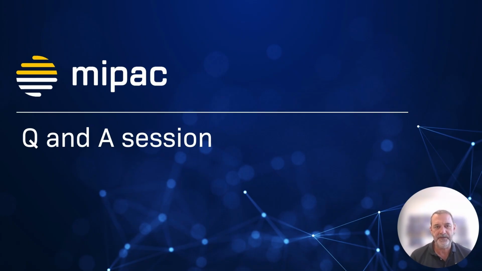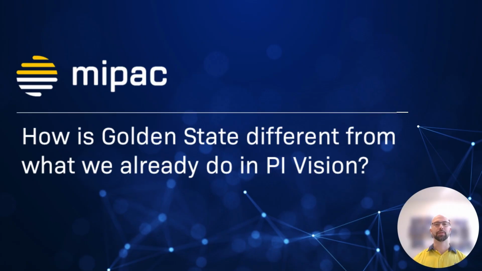Another question that's related to some of the work we do with Pi. That is, how is Golden State different from what we already do in Pi Vision? Yes, we get this question quite a bit. How's Golden State different to Pi Vision? Pi Vision is a powerful tool for visualizing data. There's no doubt about it, but it's not designed to guide decision making.